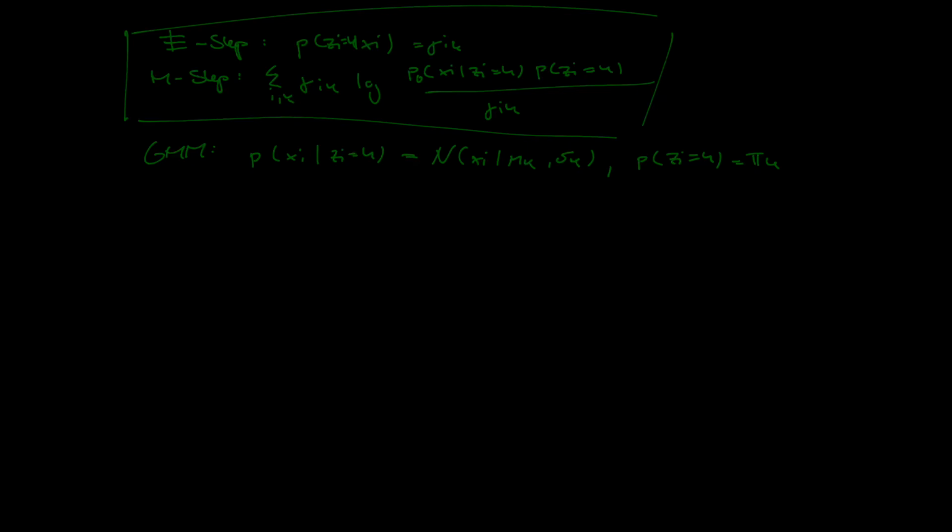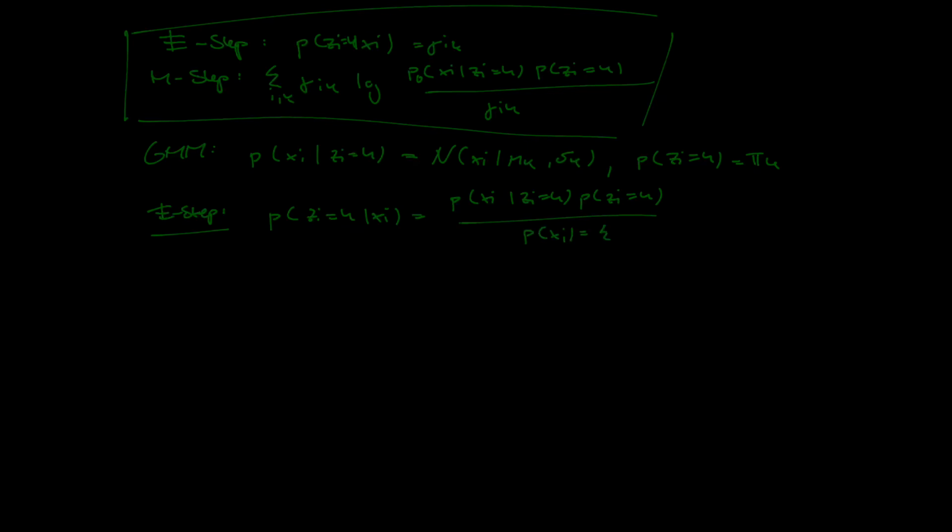Then let's do the E step, which is pretty simple in this case. So set gamma_ik equal to p of z_i equals to k given x_i. Here we just apply Bayes' rule, which gives p of x_i given z_i equals to k times p of z_i equals to k, over p of x_i.